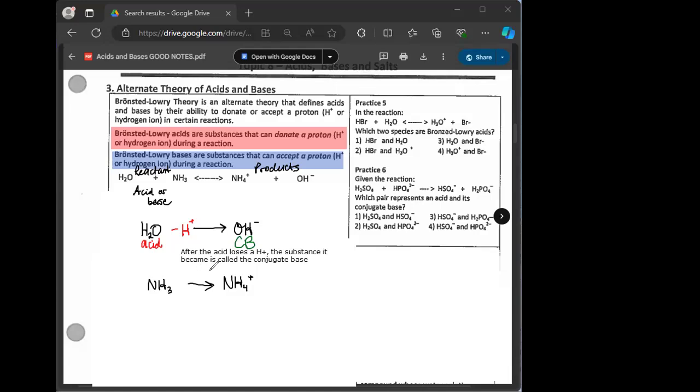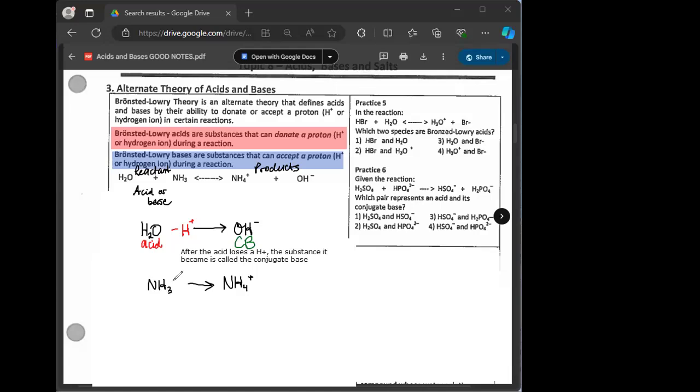Okay, and then let's see. We need to figure out if the NH3 lost a hydrogen or gained a hydrogen in order to become NH4 plus.